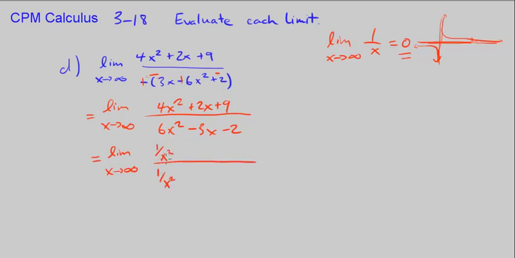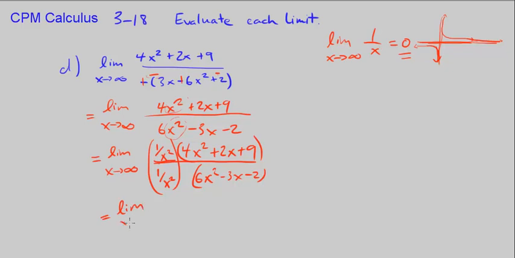That's like multiplying by 1, right? The reason I chose 1 over x squared is because the biggest power is x squared. So if I do 1 over x squared, I'm going to get rid of x squared next to the 4 and the 6.